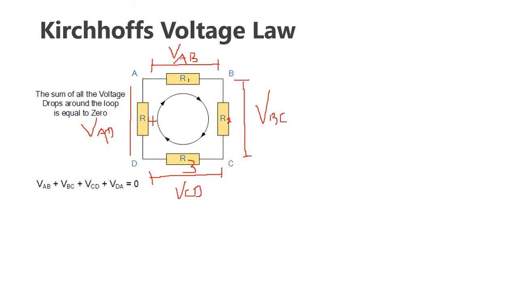Kirchhoff's voltage law represents the sum of all the voltage drops around the loop. Let's consider that the sum of all the voltage drops across the loop is equal to 0.